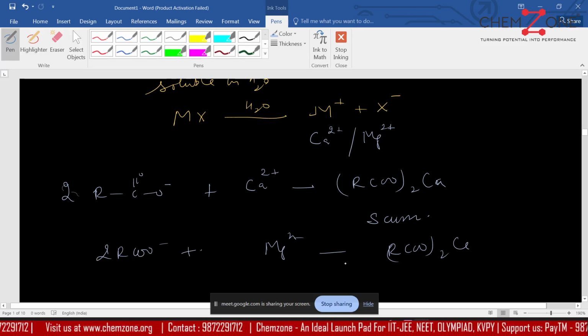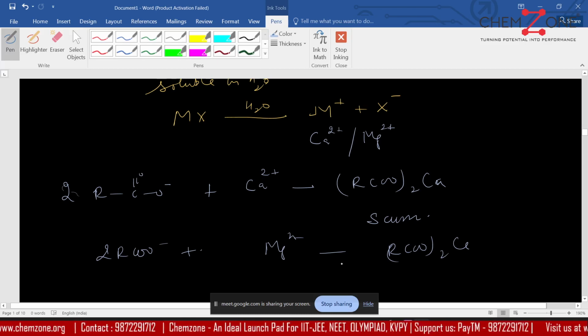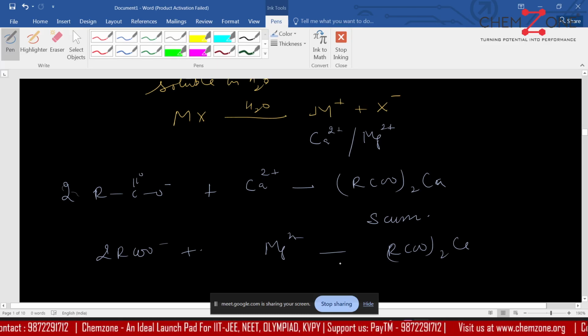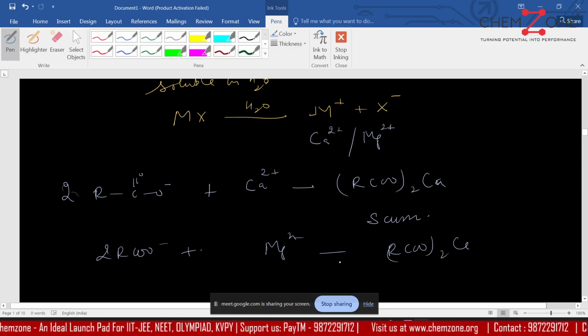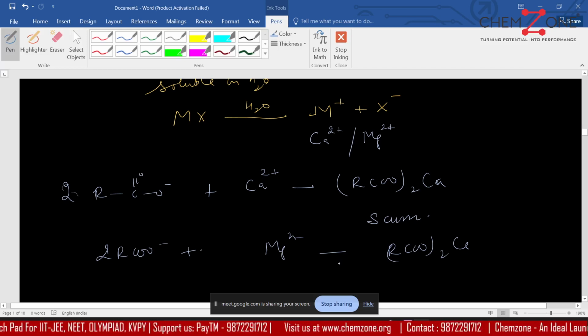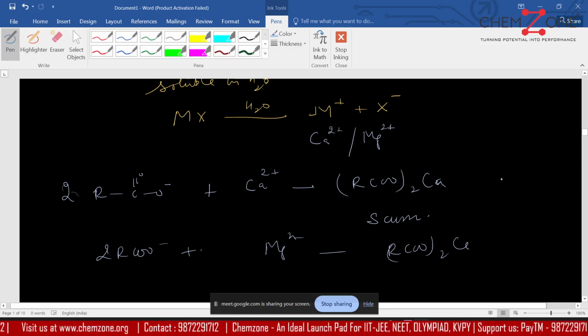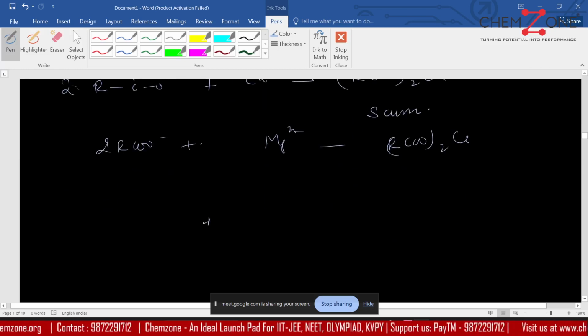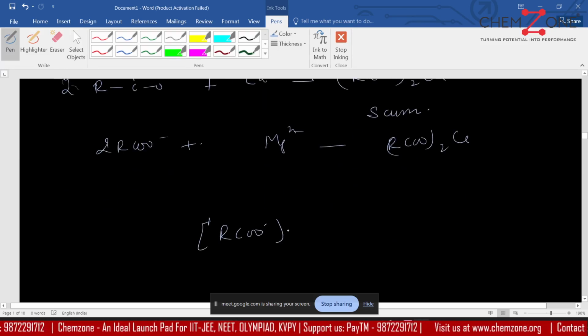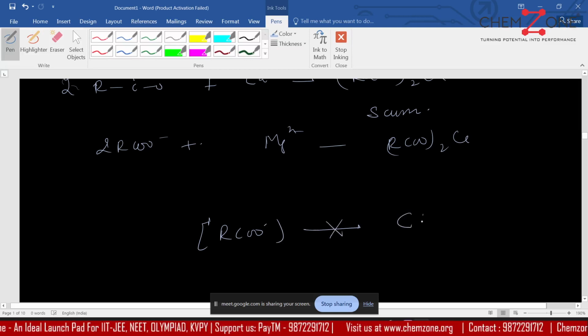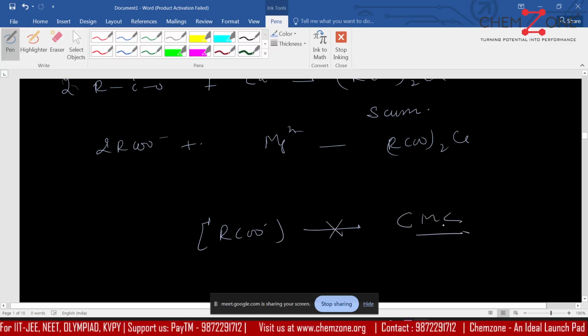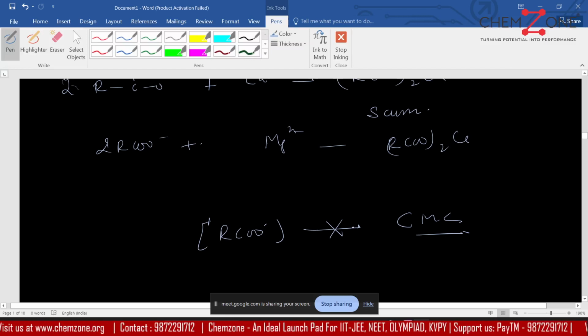And that is why in hard water, the soap does not give lather easily, because it forms scum, and the concentration of the RCOO negative ion does not reach the CMC, which is the essential condition for a soap to make the micelle.